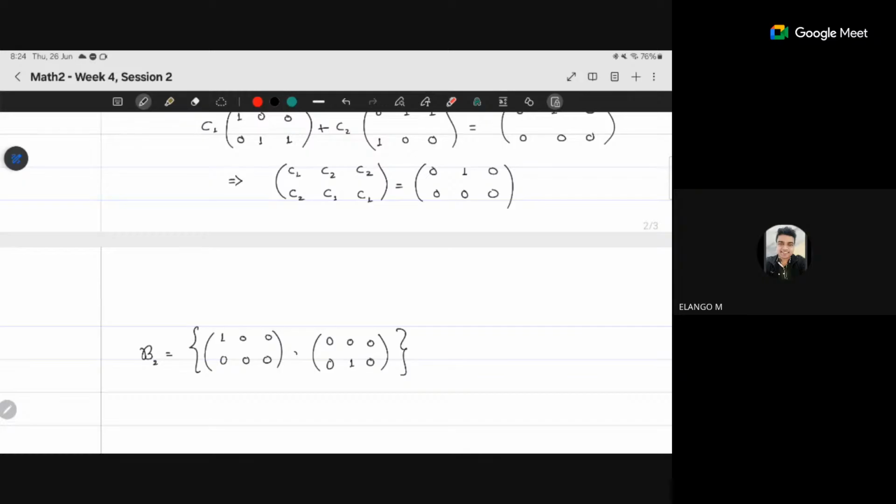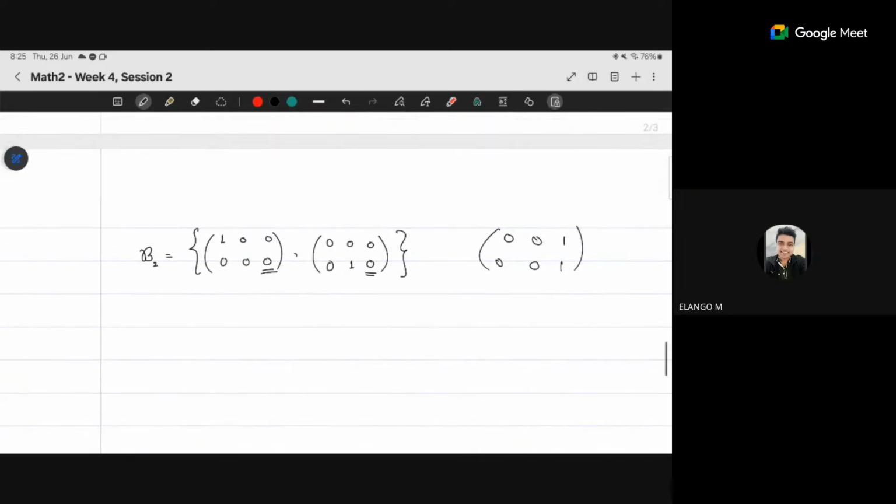But this will not span, no? Any linear combination of this will have the third column as 0 0 itself. Take, for example, 0 0 1 0 0 1. This will never be in the span of this set. Having only two pivot elements is not the way to see it, right? When you claim that this is a basis, it means that you're saying that every element can be expressed as a linear combination of these two elements.